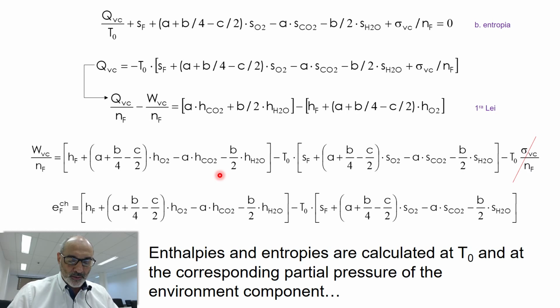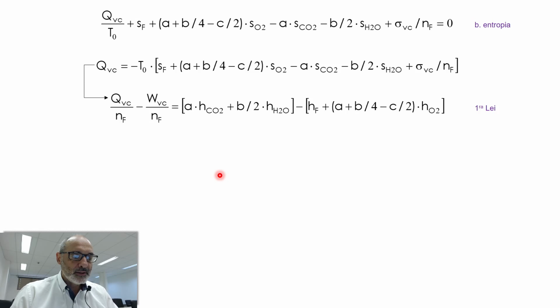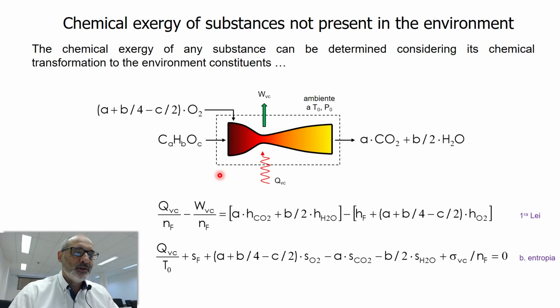Because I'm going back a few slides just to show you the chemical reaction. You have T0, 1 bar; T0, 1 bar. The pressure and temperature are not varying. But since molar components are varying, the corresponding partial pressure will vary.